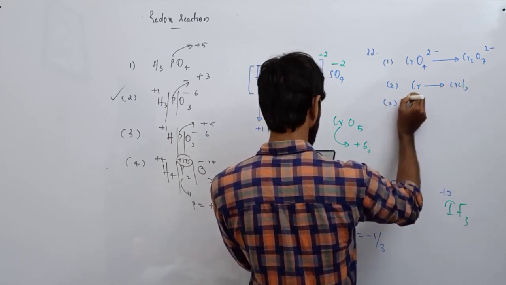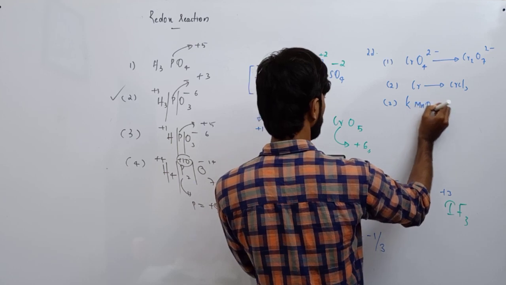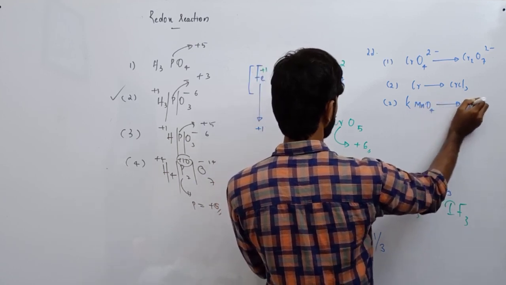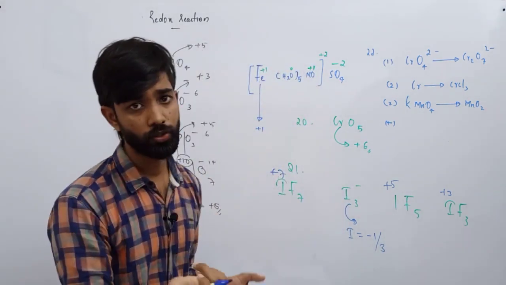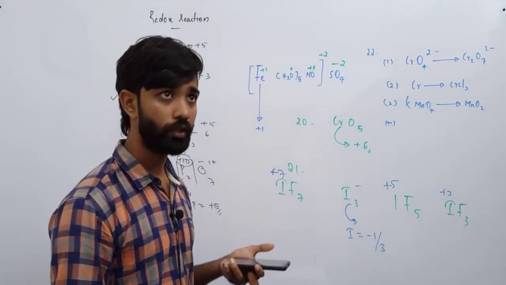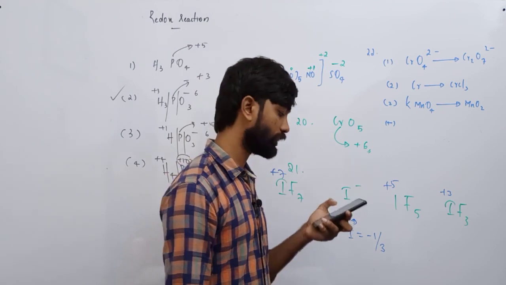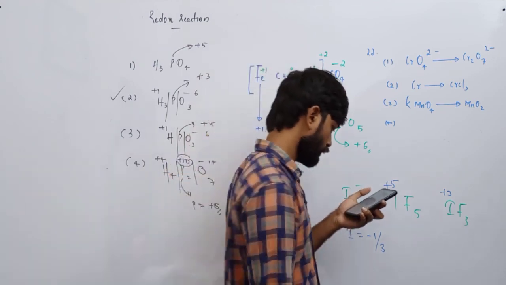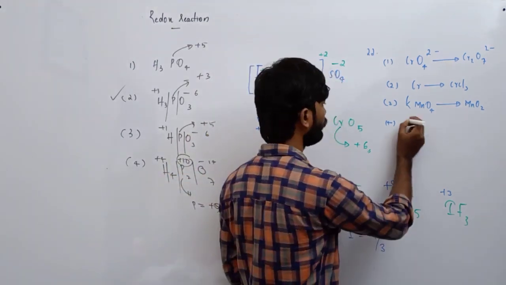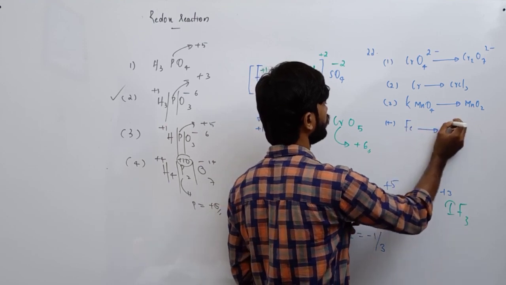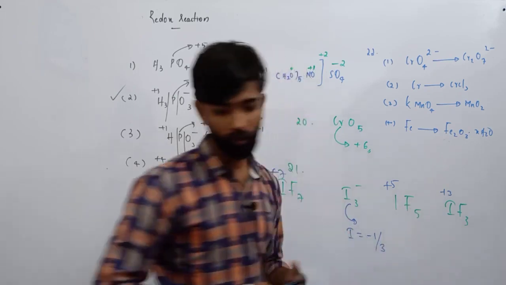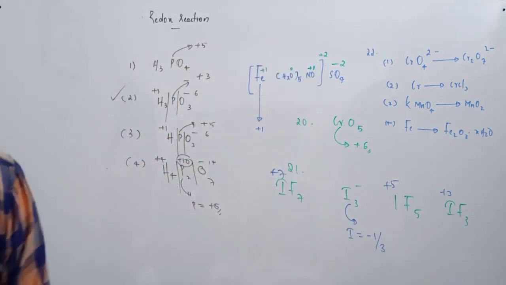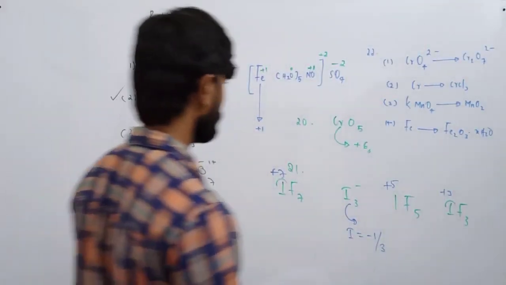The third, KMnO4 to MnO2. The fourth, Fe to Fe2O3.xH2O. So you should find the choice where there is no change in oxidation state. Okay, so no oxidation or reduction, that is your pair.